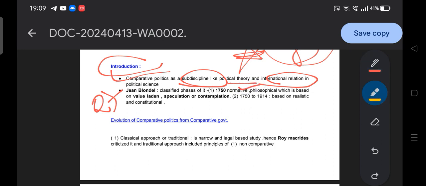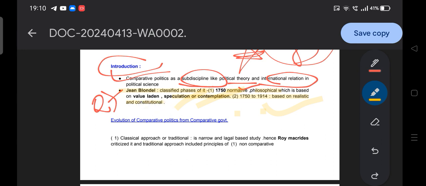1750, that is the normative philosophical phase, based on value. As I said, it is basically value-laden, then speculation, contemplation. According to Jean Blondel, they can simply ask the question: who classified the 1750 period as normative philosophical, and the period from 1850 to 1940 as realistic or constitutional?